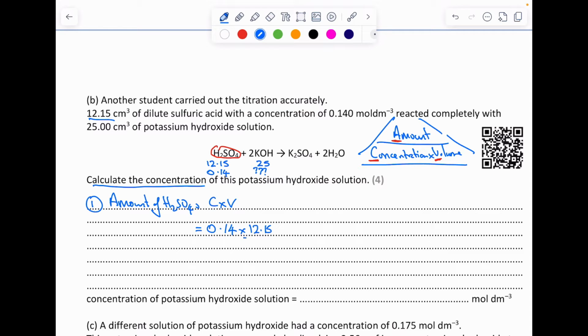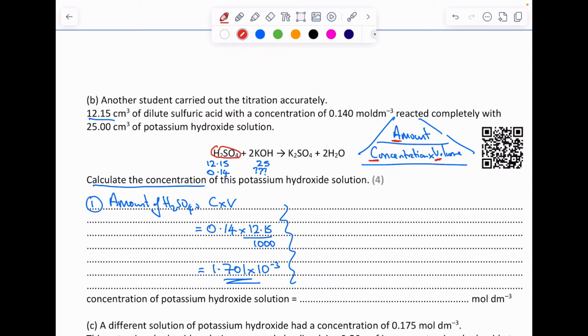But what we must do is divide that by 1,000, because the 12.15 is only centimeters cubed, and we've got to get into decimeters cubed. So if I just put that into my calculator, 0.14 times by 12.15, and then we're going to divide that whole thing by 1,000. We have got 1.701 times 10 to the minus 3 moles of the sulfuric acid.